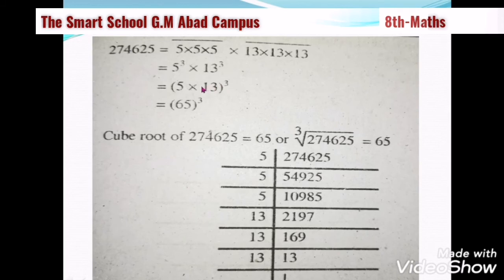Here you can apply the root on this number. When you apply the cube root on this number, the cube root will cancel with the cube. Remember, the same power with the same root can be cancelled. So if there is a cube, we apply the cube root on it. So finally you get the answer for this number, that is 65.